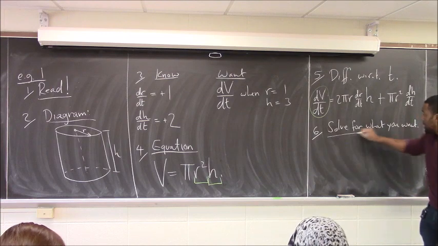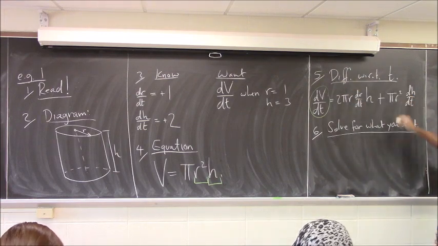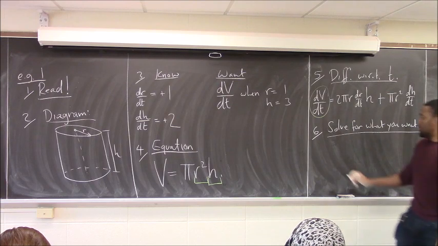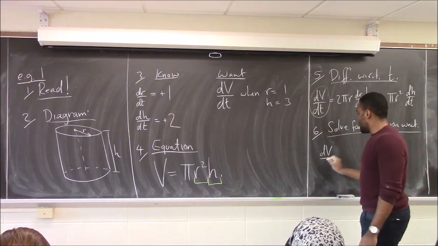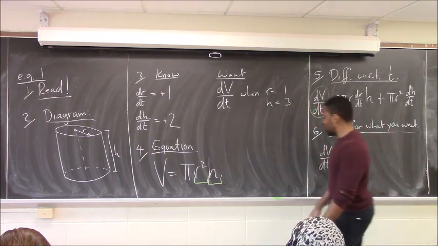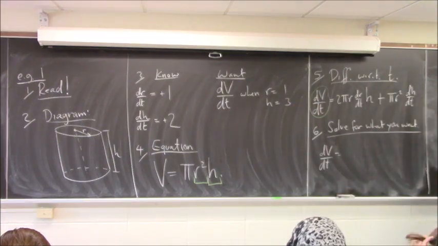Hopefully, by the time you get to this point, you actually know all the pieces to plug in. In this case, we actually do. However, if there was any point where we didn't know something, I would simply go back to this equation and solve for something. The problem would give me enough information to do that.